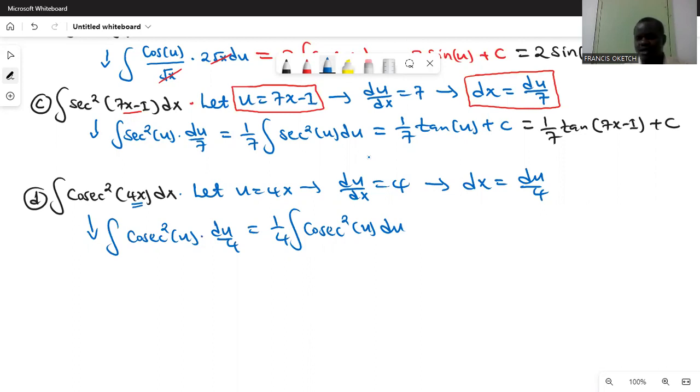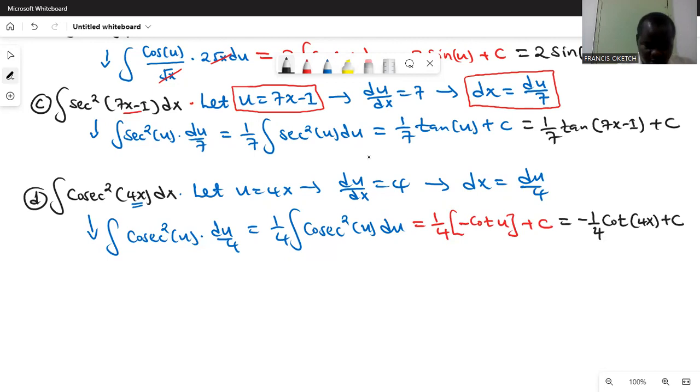Take care of that negative, so that our answer here will be 1/4 times negative cot u plus c. And replace u, so we get negative 1/4 times cot, our u is 4x, plus a constant c of integration.